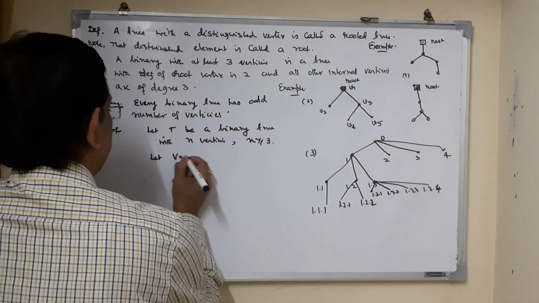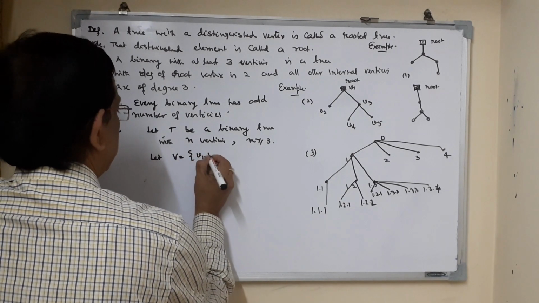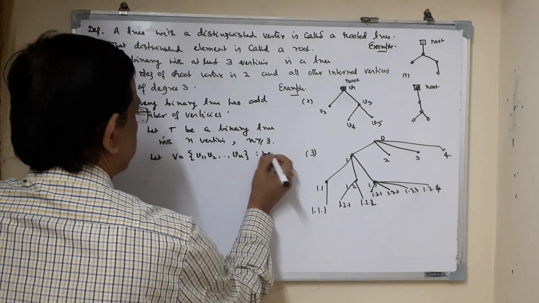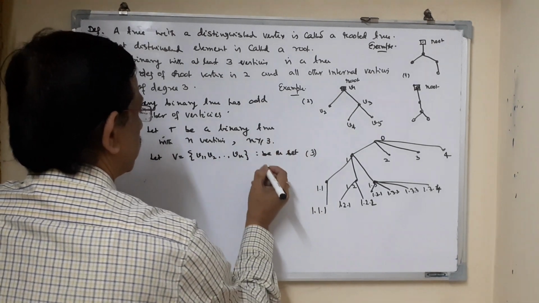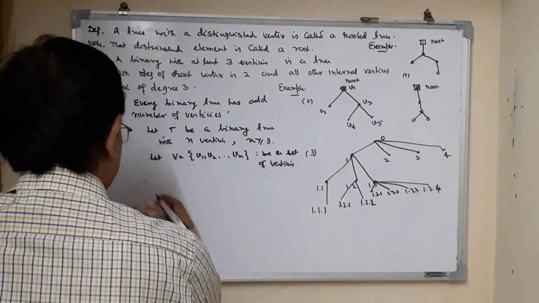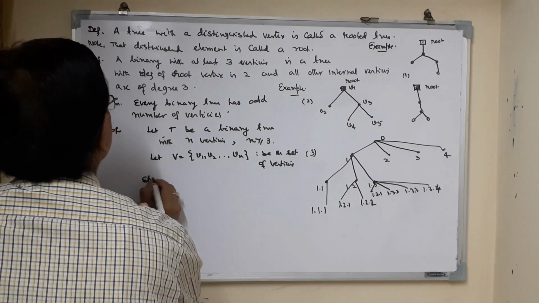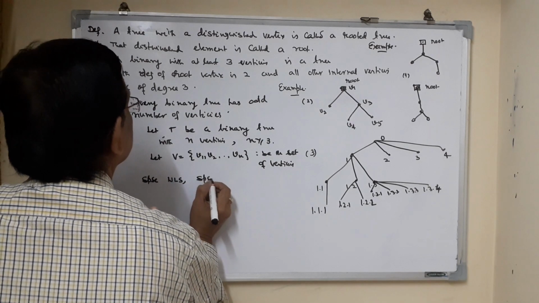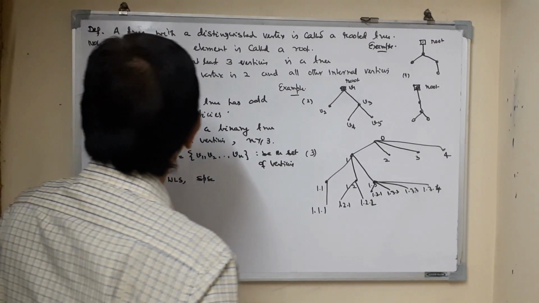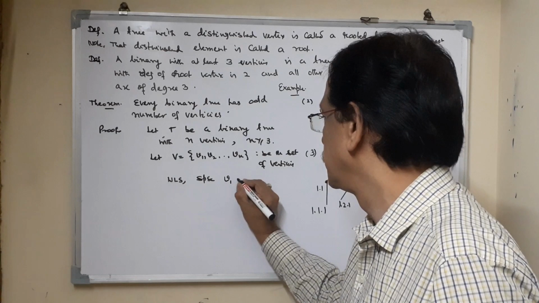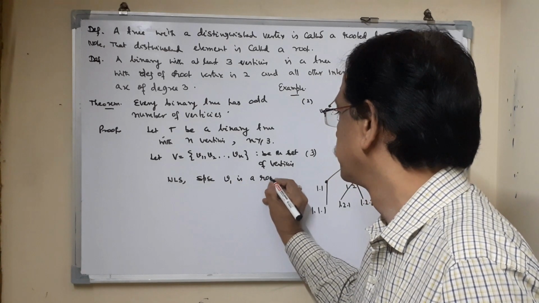Let V equal to V1, V2, up to Vn be the set of vertices. Suppose, without loss of generality, V1 is a root vertex.